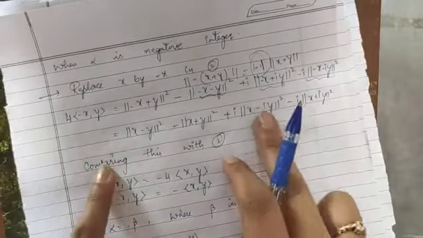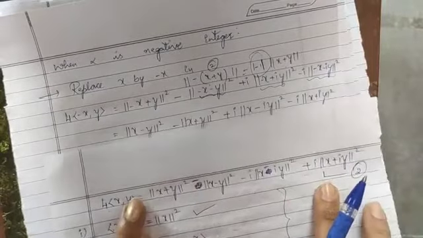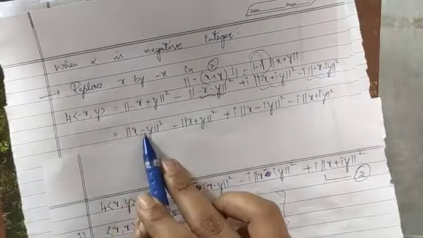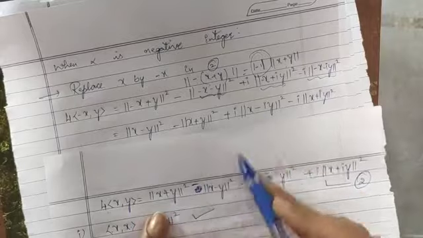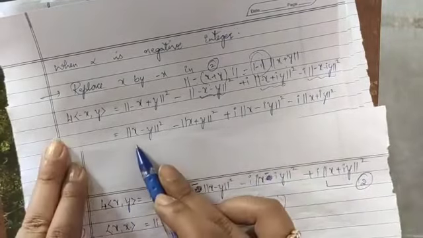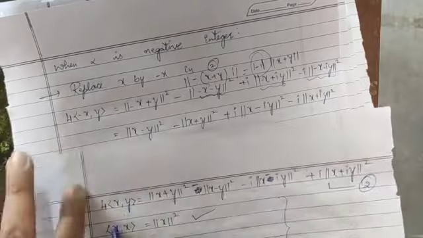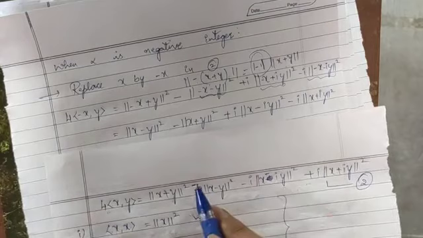Now compare this equality with this equality. You can observe here you have x minus y, in equation 2 it is x plus y. So if you compare this, you can conclude that 4 into inner product of minus x comma y is equal to minus 4 into inner product of x comma y.